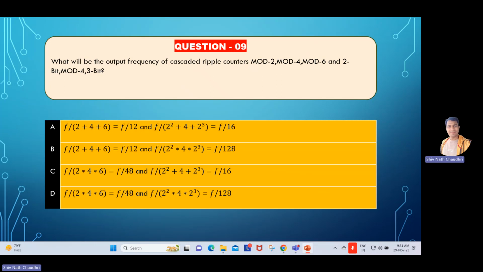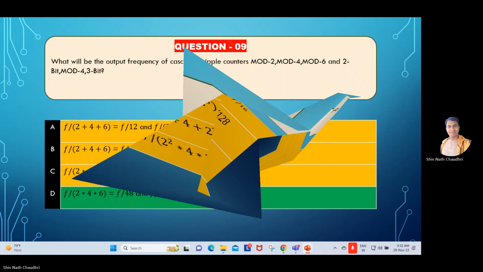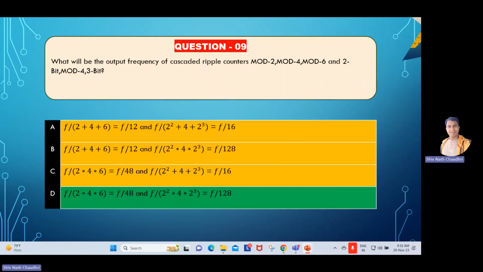So 2 bit means mod 4, the second one is also mod 4, and 3 bit means 2 to the power 3, so it is mod 8. So you have to calculate the output frequency based on the formula: frequency divided by mod of first counter into mod of second counter into mod of third counter. Let's see which option is right for this. Yes, option D is right for this one.